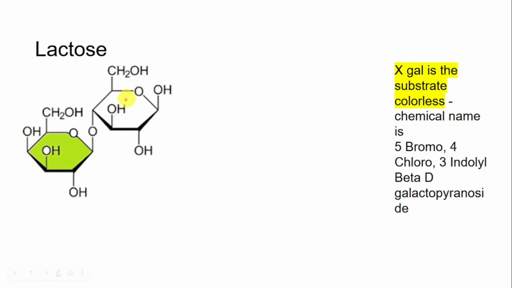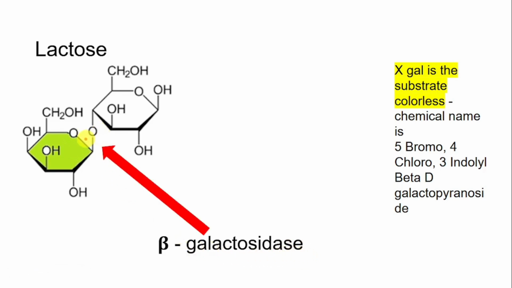This is galactose and this is glucose. They are connected by a beta 1,4 bond. Now beta galactosidase is an enzyme. Any term which ends in ASE indicates an enzyme. It will act on this bond and break it, releasing two monosaccharides, galactose and glucose.